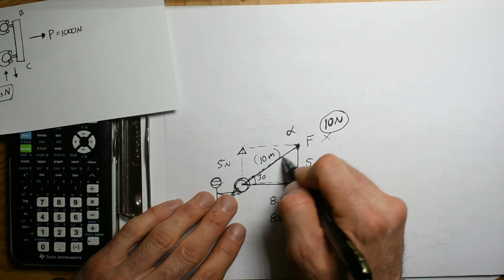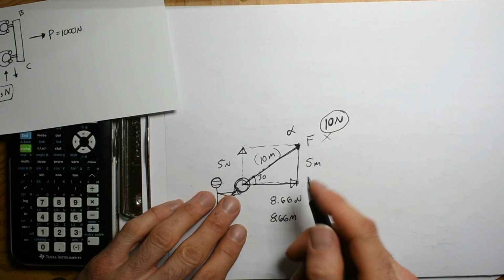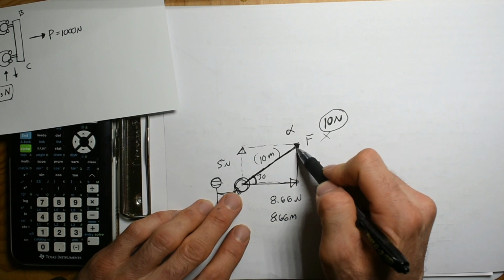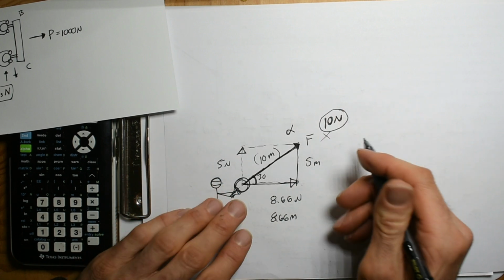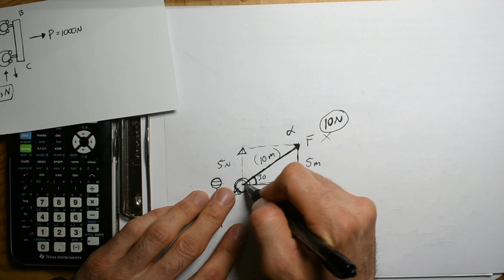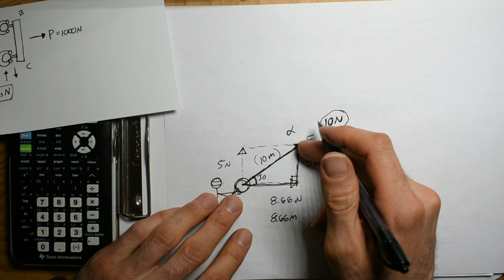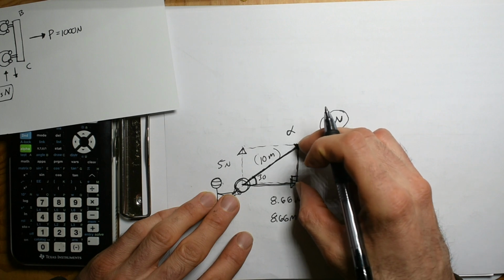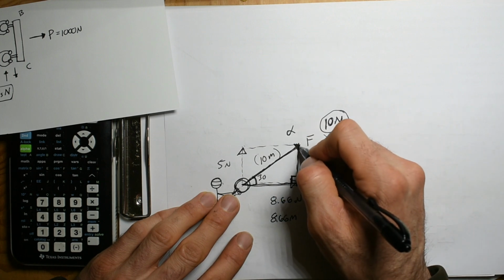Typically your force is a vector at some sort of angle, and it can always be represented as your hypotenuse, and its components can always be represented that way.